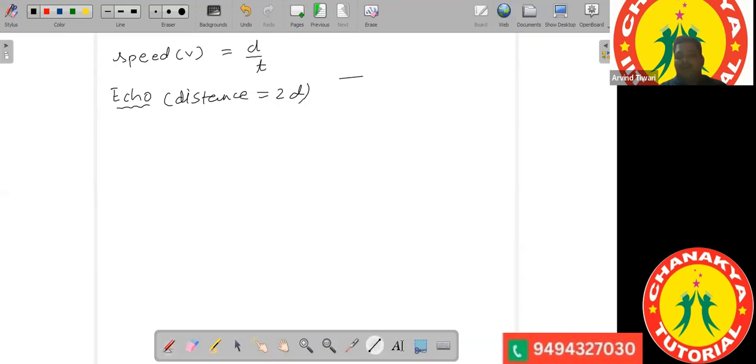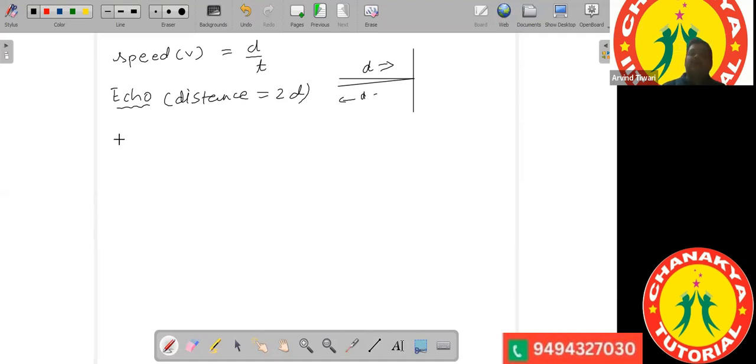One way it travels a distance of d, and the other way again d. So the sound will travel a total distance of 2d: d from the source to the reflecting object, and again d back, to produce an echo.